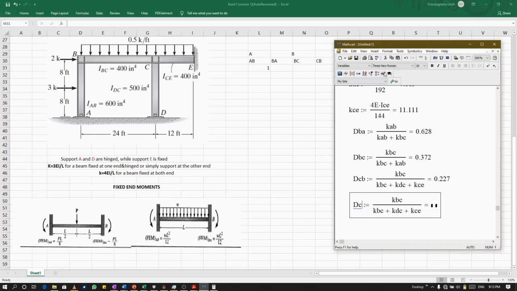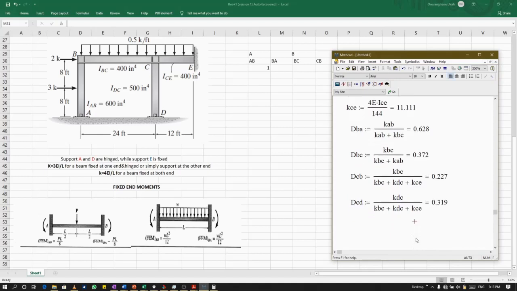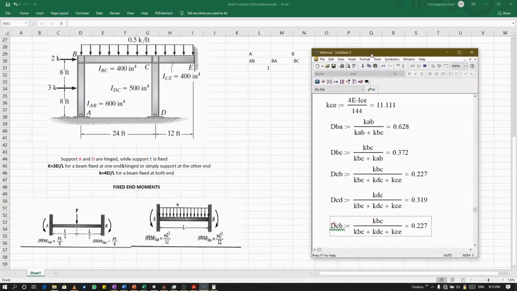We've already gotten CB, so next we're getting CD. So we change it to CD or DC, which gives us 0.319. Let me move this a little bit upward. We're looking for CE. We'll change this to CE, which is 0.454.